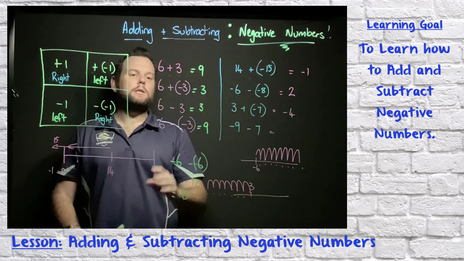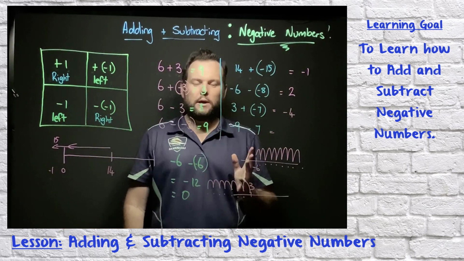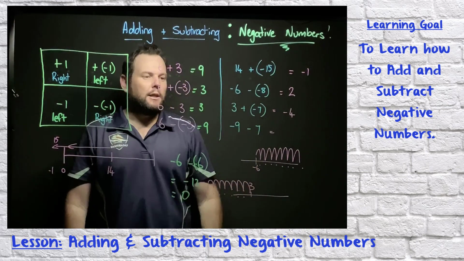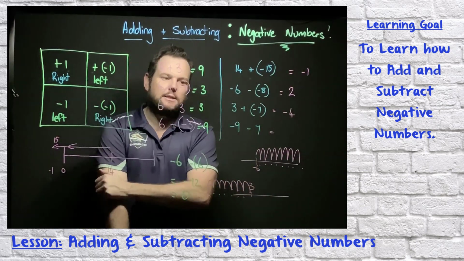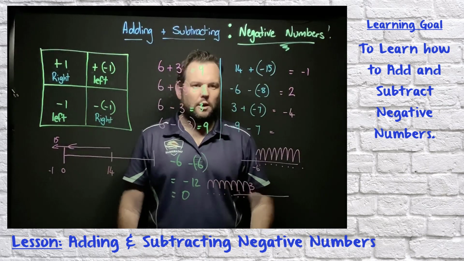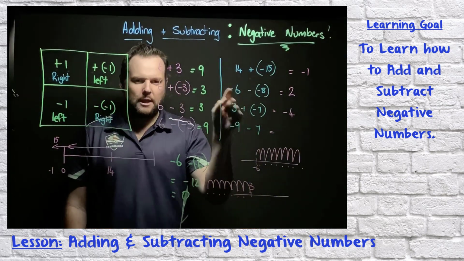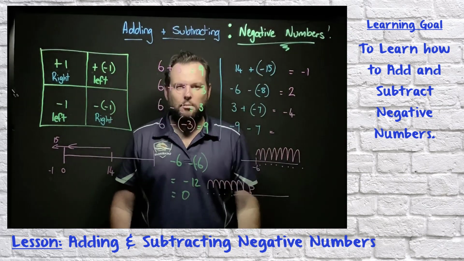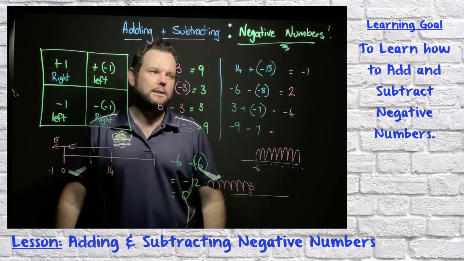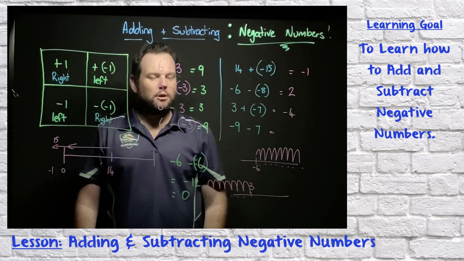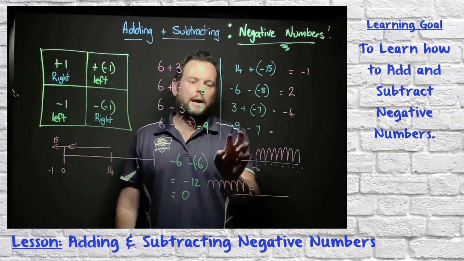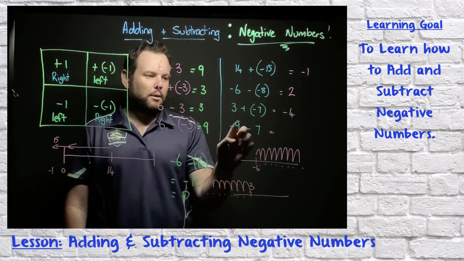You will notice that the negative numbers are put in brackets, and the reason why the negative numbers are put in brackets is to try and not confuse you. In our textbook, it doesn't put the very first number, if it's a negative number, in brackets, which is kind of confusing in itself. But the first digit of an operation may just be represented as a negative number like that.